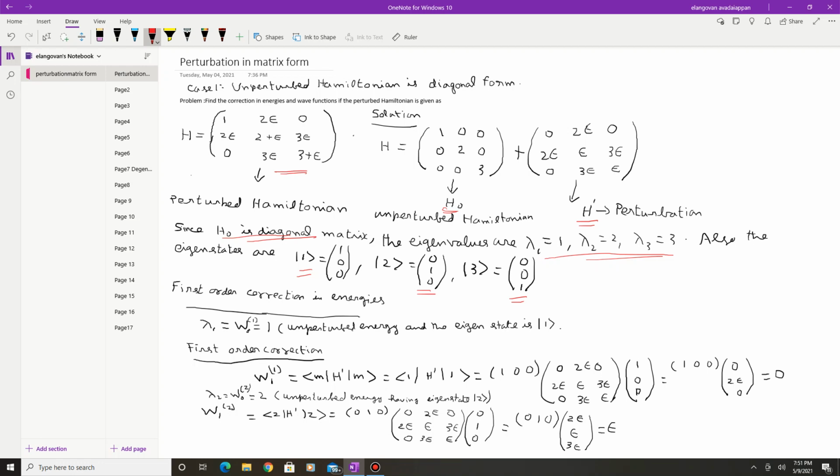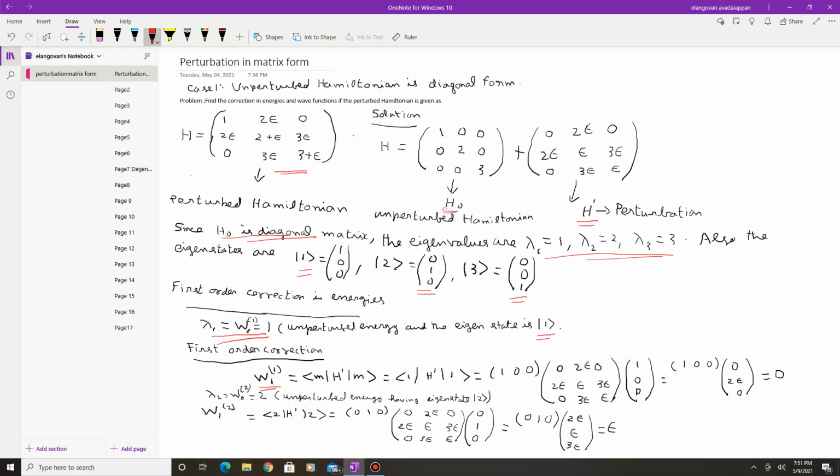You first take the first eigenvalue. So here this is W0, which is 1, the first eigenvalue. This is the unperturbed energy corresponding to the eigenstate ket 1. The first order correction is given as W1, the first order correction corresponding to the first state. The superscript here is mentioned for the state.